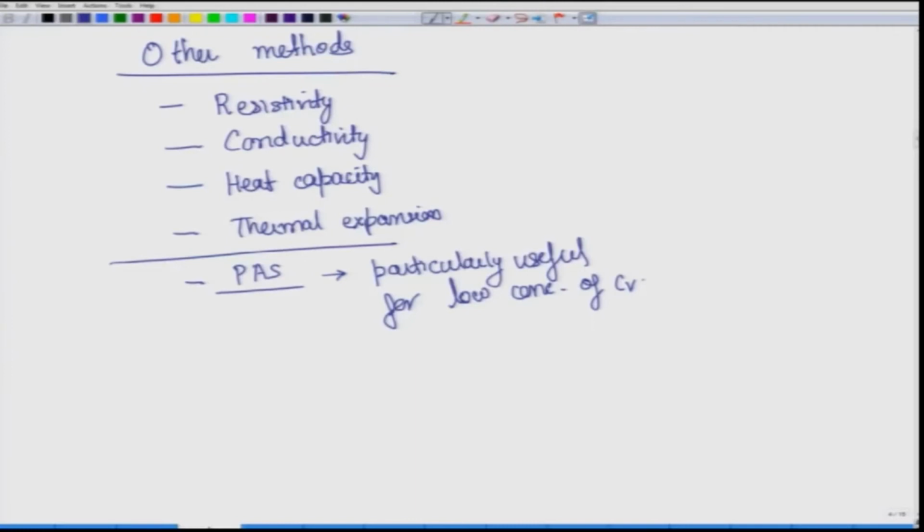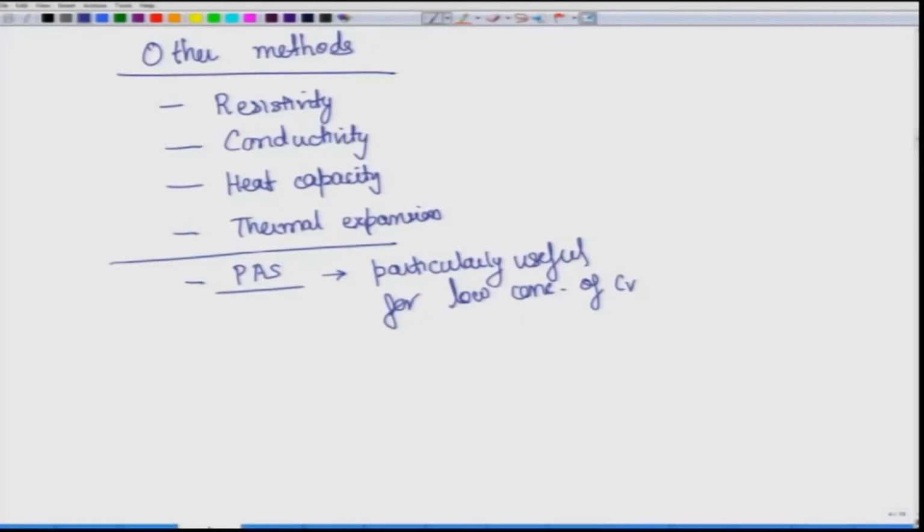Most of the other methods will work only when you have a certain minimum concentration, to be able to measure the change. However, positron annihilation spectroscopy has the advantage that it is useful particularly for low concentration of Cv. So, now you have a wide gamut of techniques, all limited in number, which can measure from very low concentration to a good number of concentration.